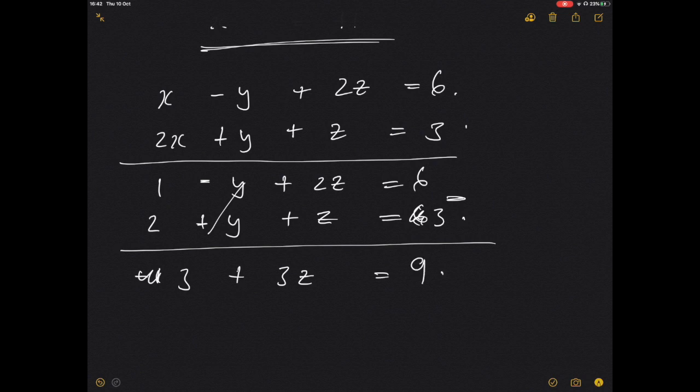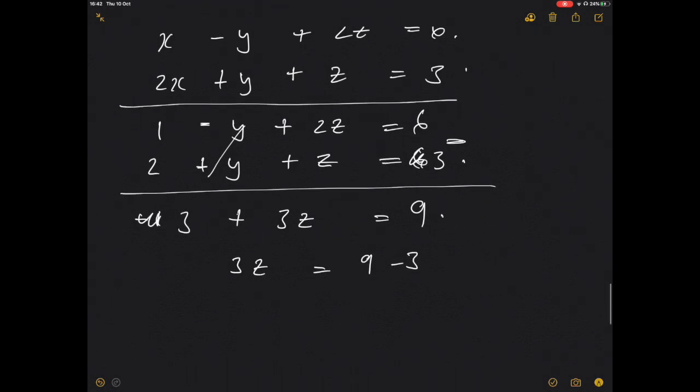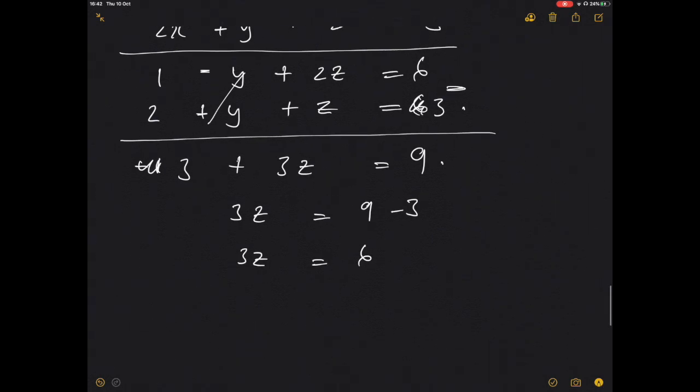So we have our term over here. So we can now say 3z equals 9 minus 3, so therefore 3z equals 6 and z equals 2.